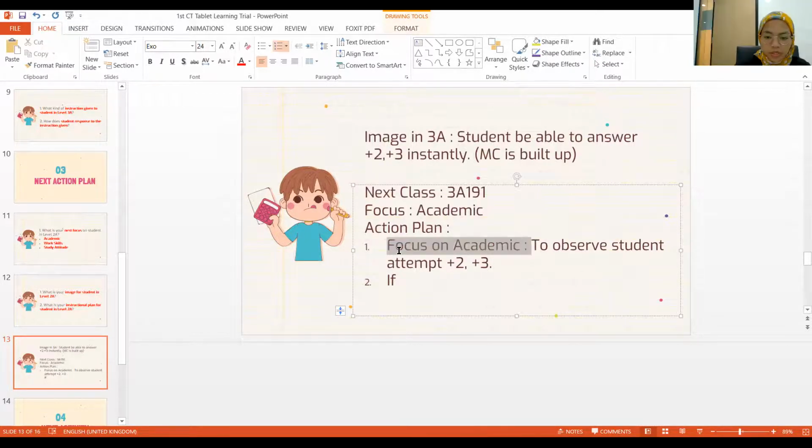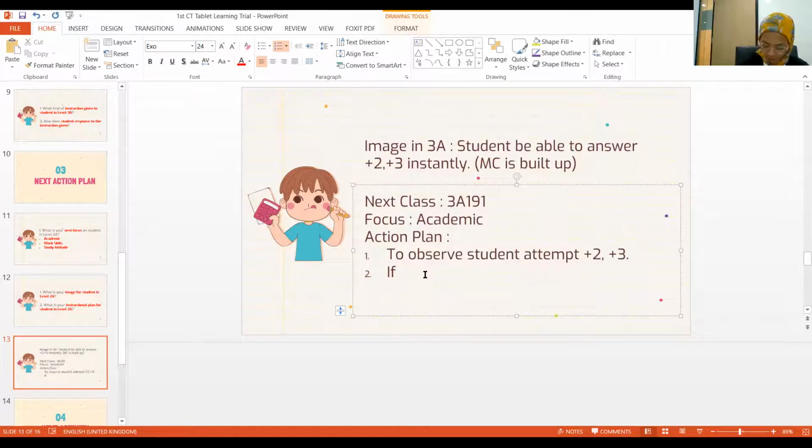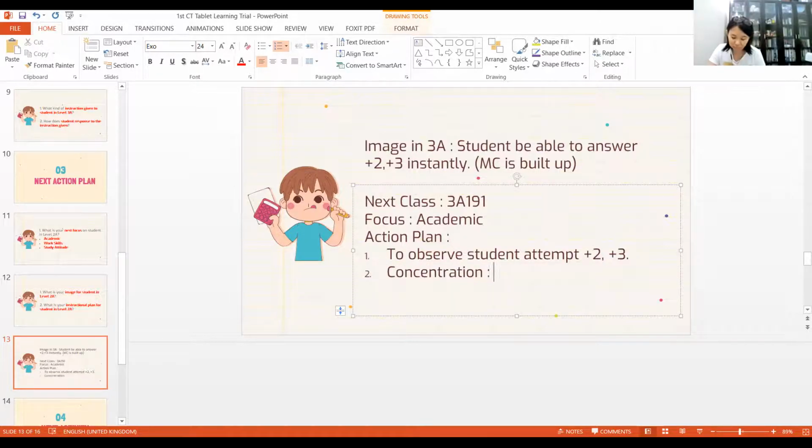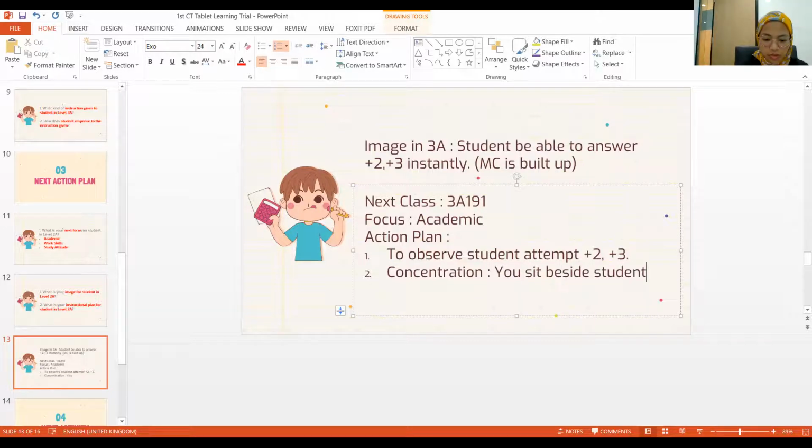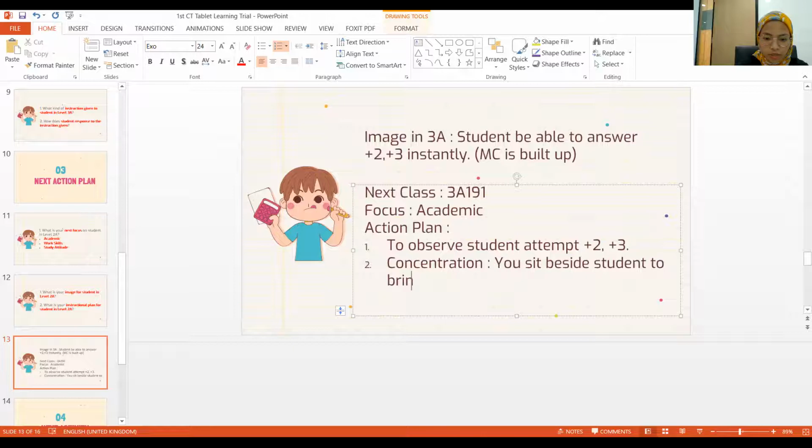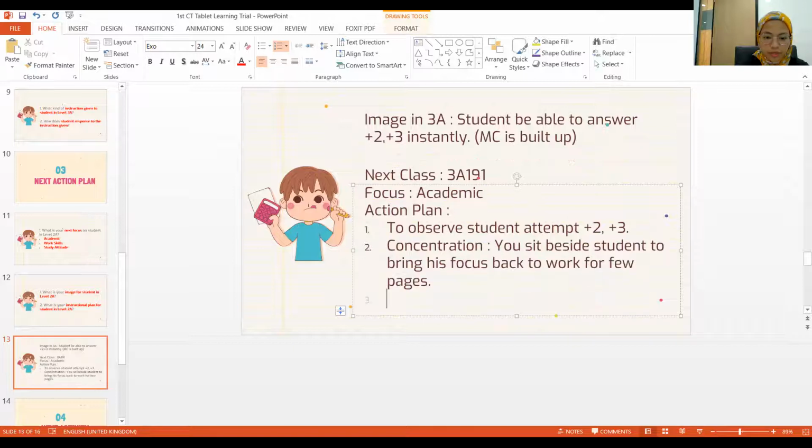So your action plan is only to observe, but if you mention the student's concentration is an issue, you will sit beside the student to bring his focus back to work for a few pages. And then if the academic skill is the issue, you will give instruction to the student.